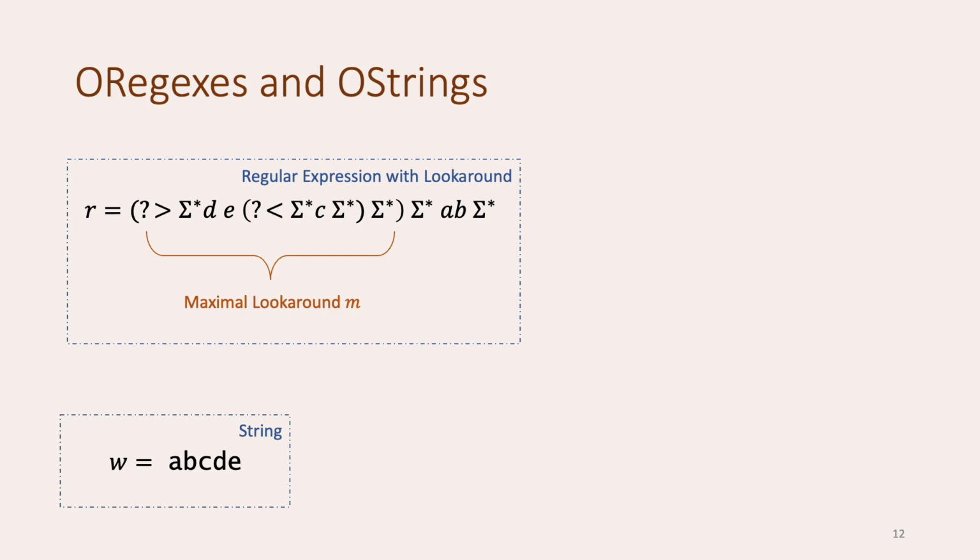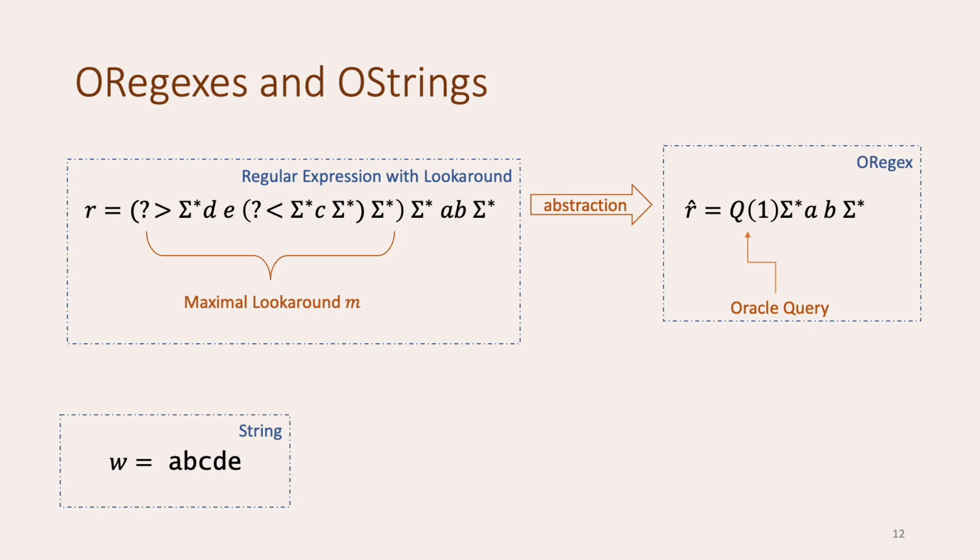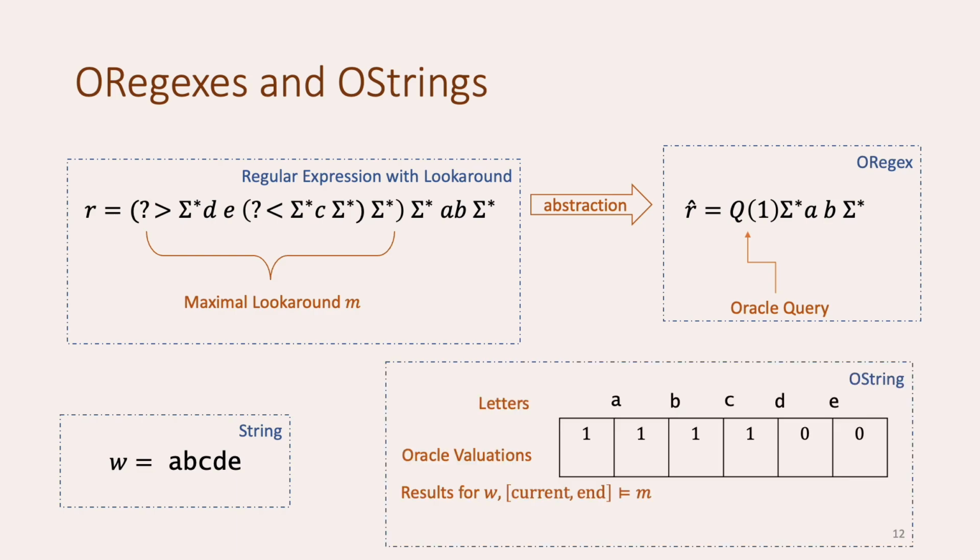By replacing the maximal lookarounds with oracle queries, we obtain an O regex. This O regex must be matched on an O string. This consists of the original string packaged together with oracle valuations. These oracle valuations indicate whether the window from the current position to the end would be a match for the sub-expression M.